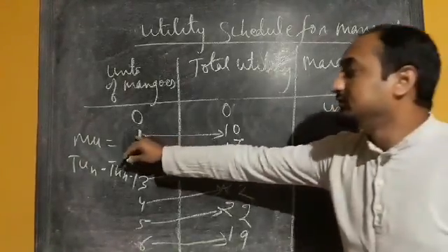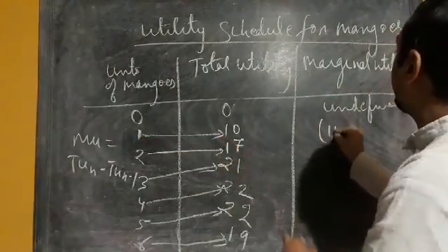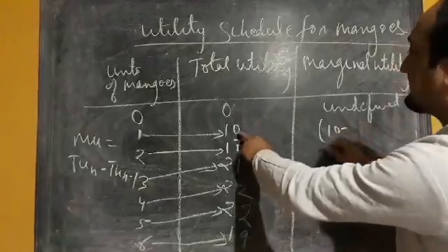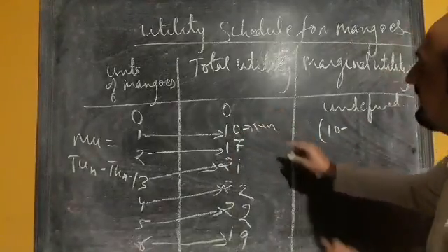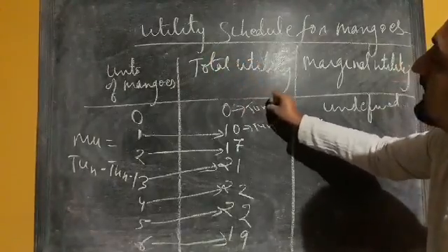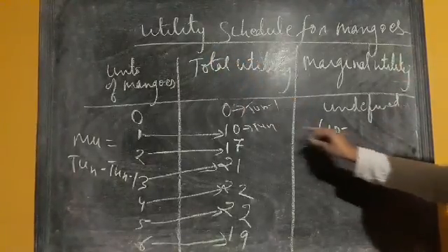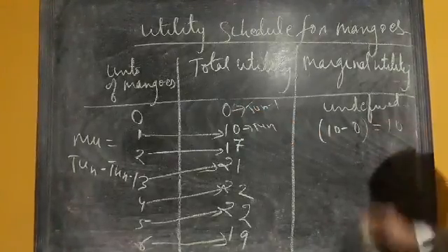Now for the first unit, I'll get 10 minus 0. This is your TUn, and this one is the previous commodity, so this can be considered as TUn-1. So 10 minus 0 will get 10.